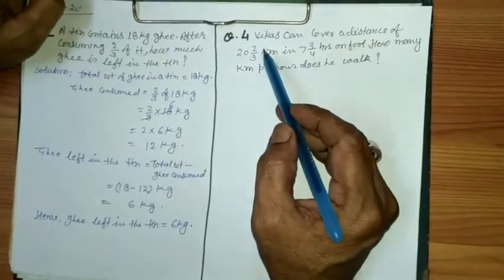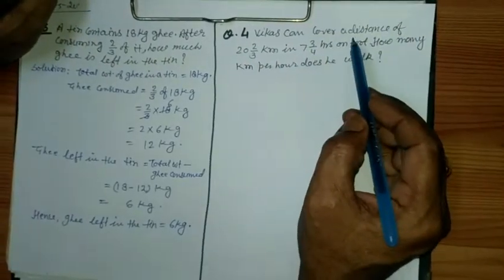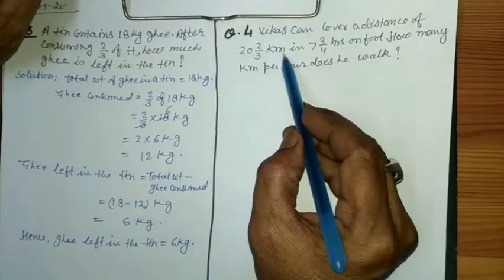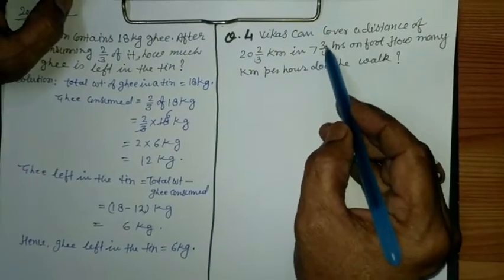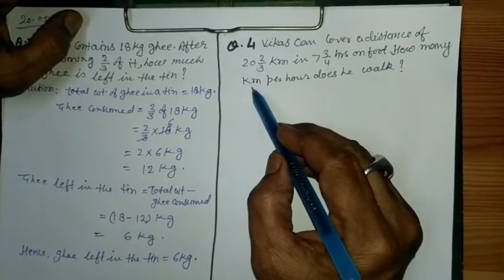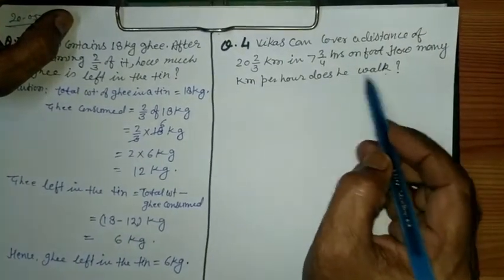Question 4 is, Vikas can cover a distance of 20 whole 2 upon 3 kilometer in 7 whole 3 upon 4 hours on foot. How many kilometer per hour does he walk?